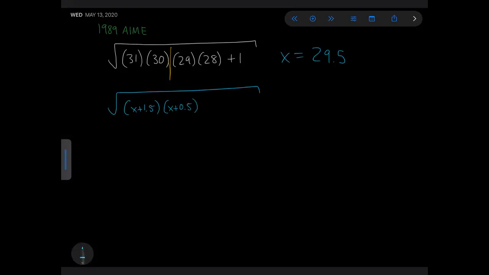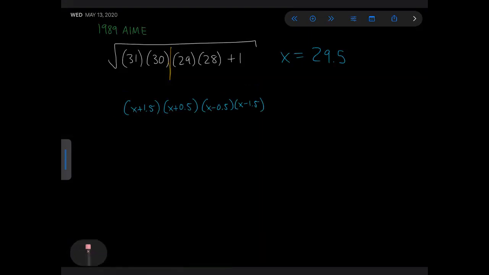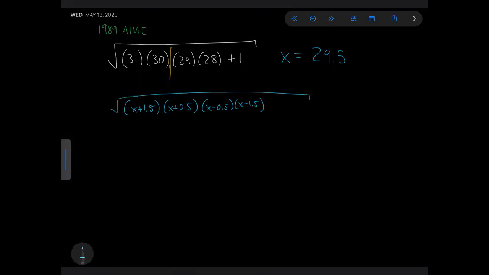And then x minus 0.5, x minus 1.5, and apparently I need a longer radical. Plus 1. Now, why would I do that? It looks like we made things even harder, right?